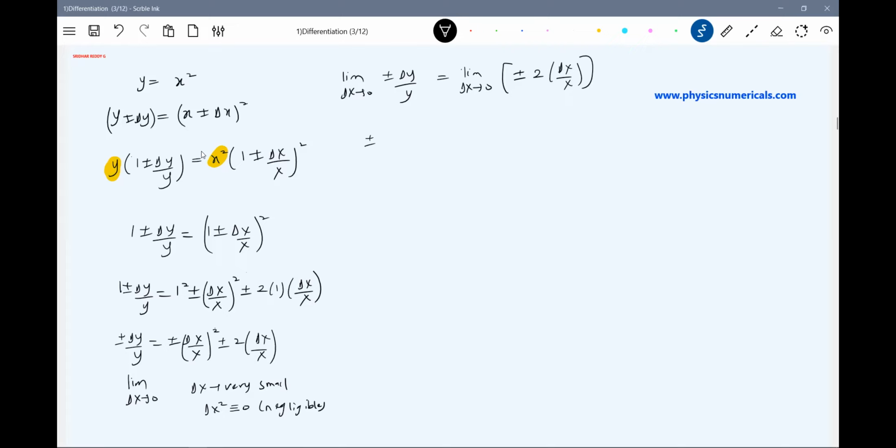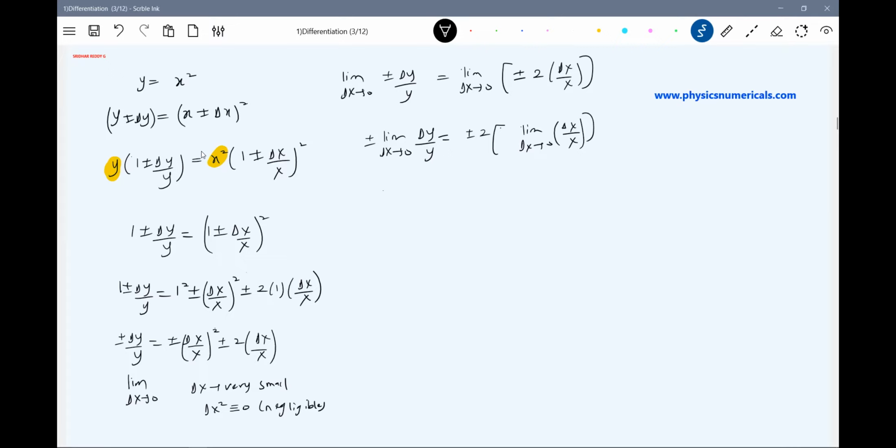So therefore this will become plus or minus, limit delta x tends to 0, delta x by x.